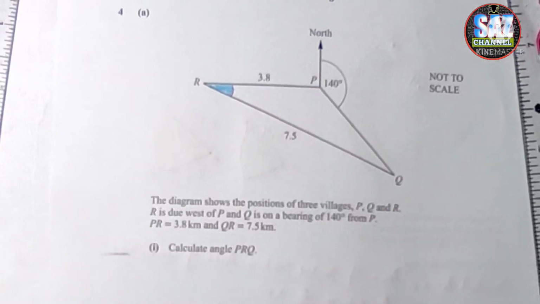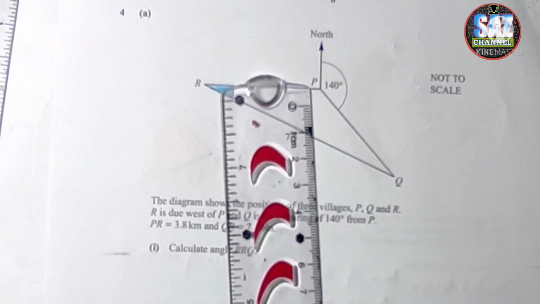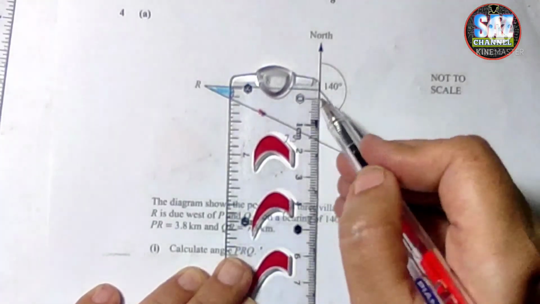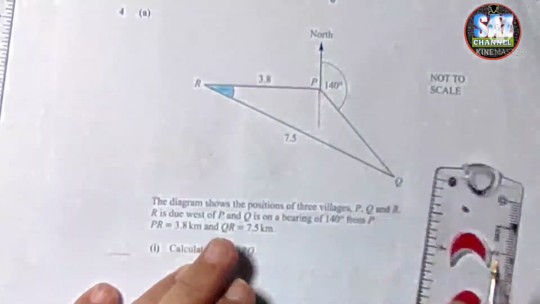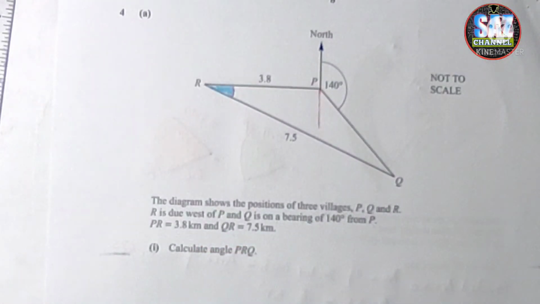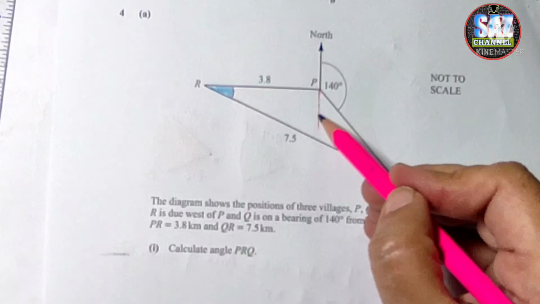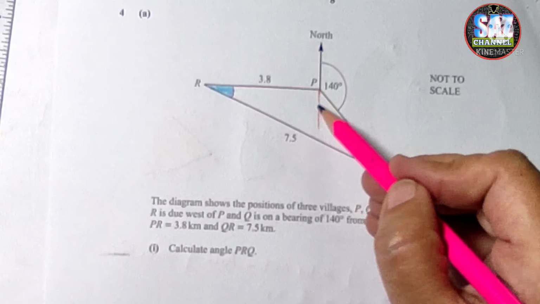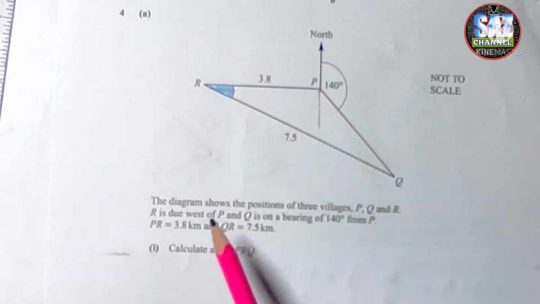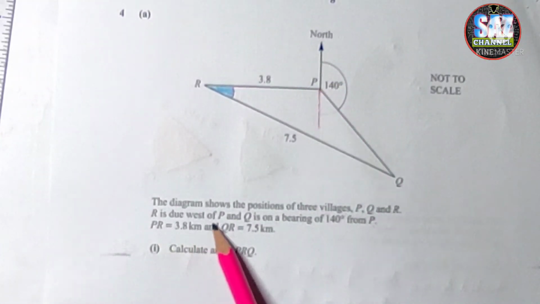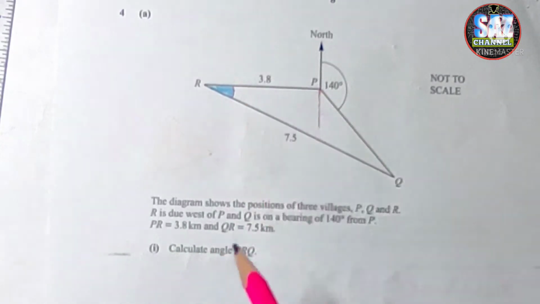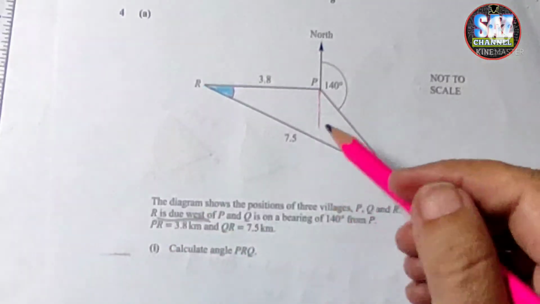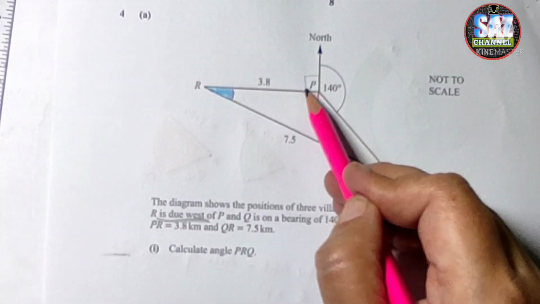Let's think about the situation: I'm drawing the line and extending this north line at this position, like this. Now look, if I'm making the turn till this point, this is a 180 degree turn, and this will be the 90 degree turn, because it is written that R is due west of P. It means that P and R are at such a position where they are making a 90 degree angle.